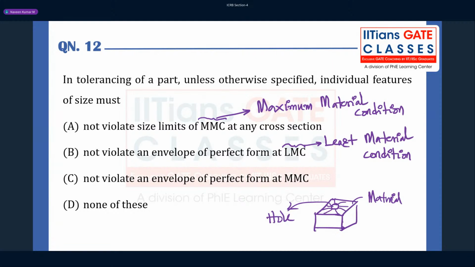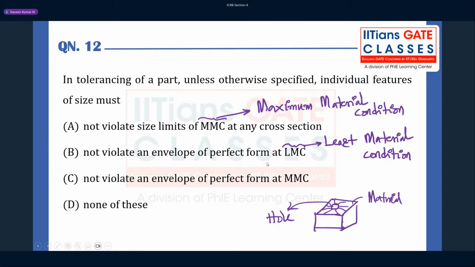Maximum material condition is not about violating any cross section, but about defining size, where the feature contains the maximum amount of material. It's only discussing the material, not the limits. So obviously this is not the right answer.